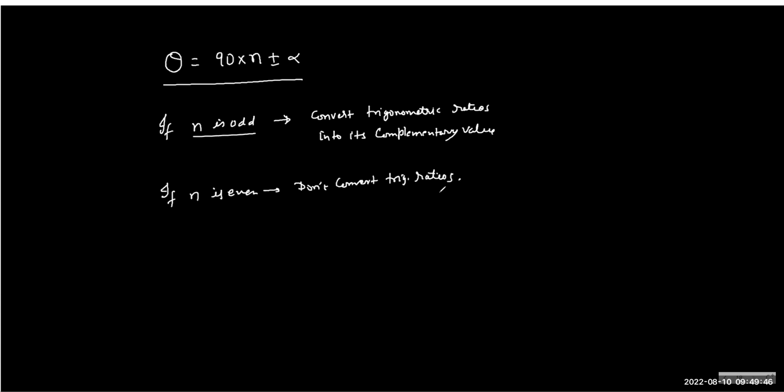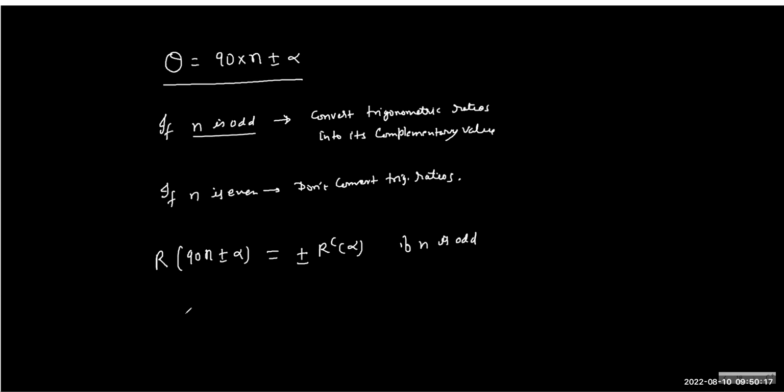And what about the rest? The rest is simple. You have to check which quadrant the angle falls in, and then write plus or minus accordingly, and alpha will stay alpha. So what it means is, any ratio of 90n plus or minus alpha will be R complementary of alpha, with some plus or minus sign, if n is odd.